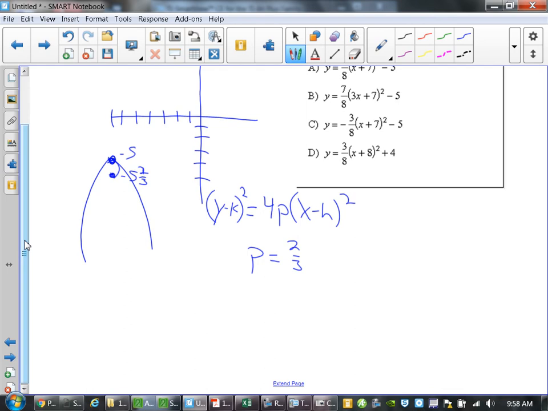That's what's messing me up here. I think this should be flipped. I think that's what was wrong. That fraction isn't right. I don't think the answer is right. Because your distance is your p-value, and it's opening downward, therefore it's got to be negative. So it should be 8/3, not negative 3/8. I know there's no typos on the final though.